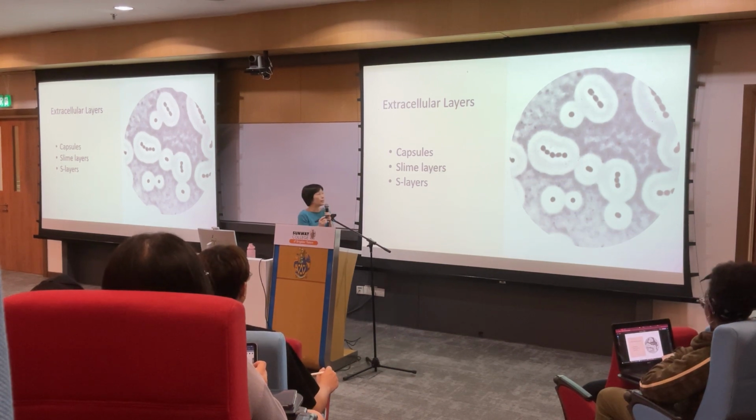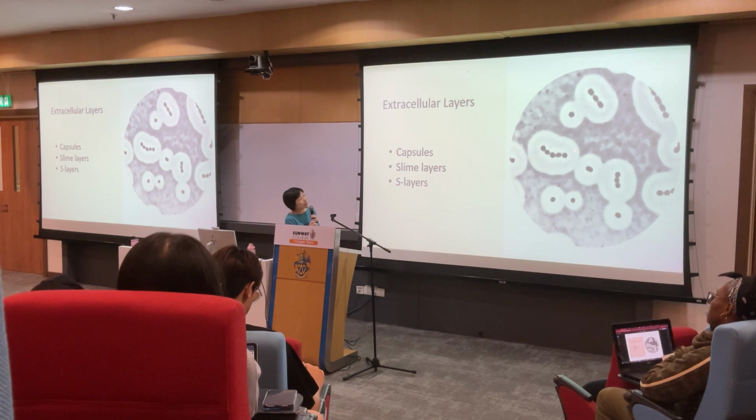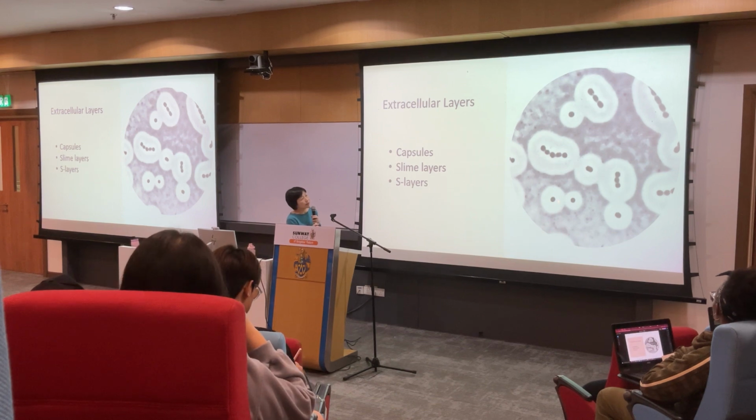For example, this is a stain where you can see clearly this part is the capsule of the cells. This is a chain of cocci, and you see the capsule, something a bit fuzzy present on the surface of the cell.